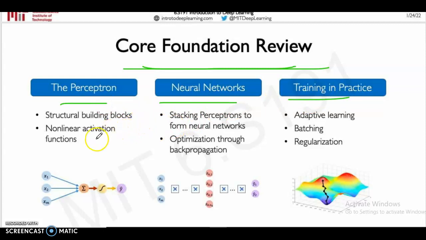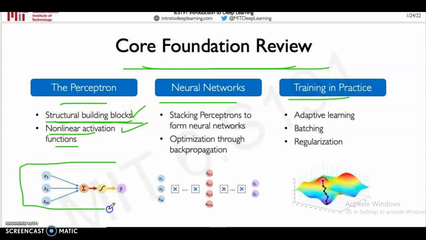Structural building blocks: non-linear activation functions.